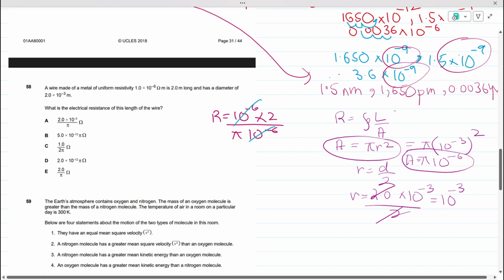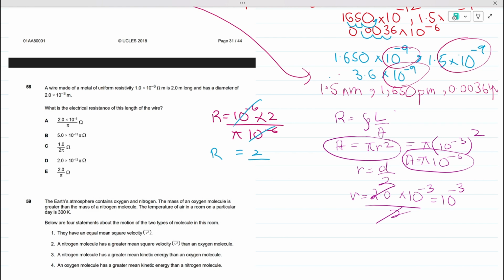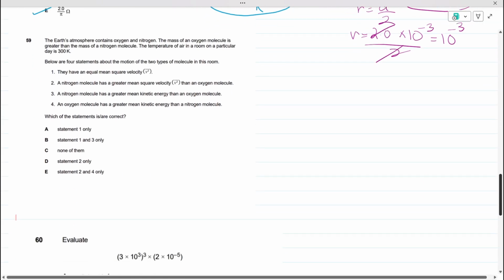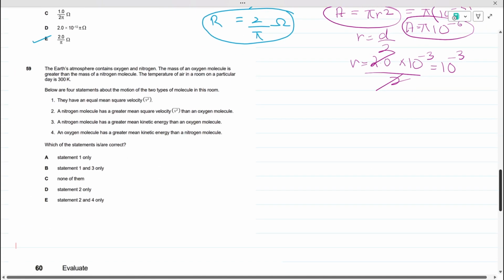So 10 power minus 6 cancels. Resistance comes out to be 2 in the numerator and pi in the denominator, and the SI unit for resistance is ohm. So the value we have found is 2 by pi ohm, which is the E option.